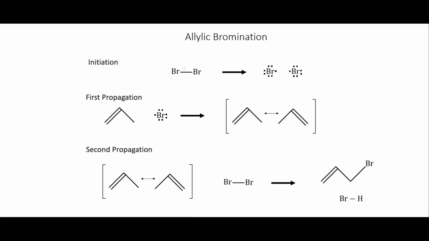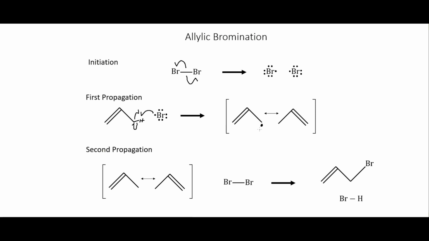So we have this initiation step where we put light on it, and one of the electrons will go here, one will go there, so we end up with these two free radicals. Then in our propagation, one of the electrons will come from this hydrogen right here, and the other one will end up on there, so we have this free radical here.